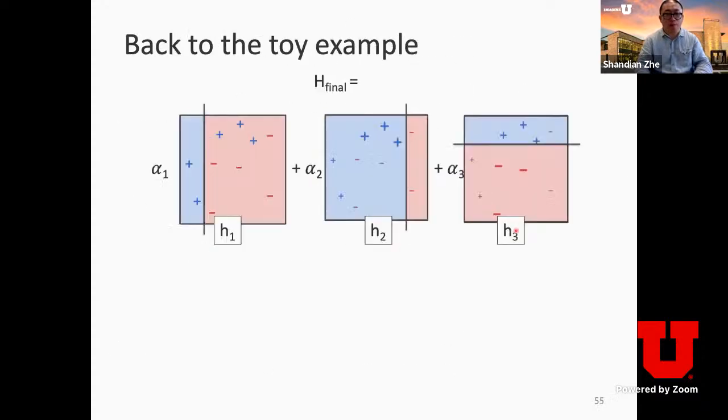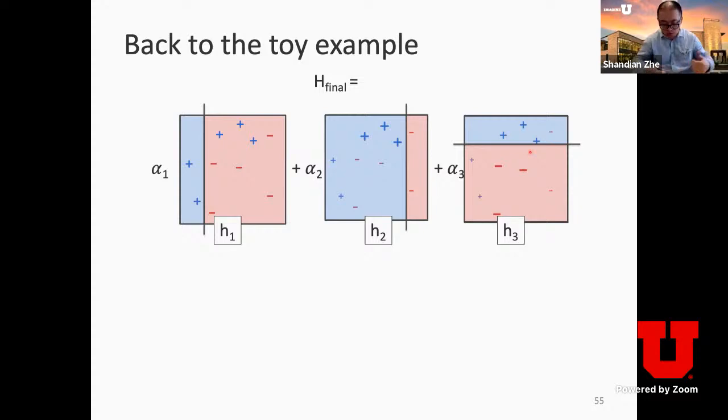Okay, so now let us go back to the toy example we discussed before. We have 3 weak hypotheses, 2 vertical lines and 1 horizontal line, with their votes after 1, after 2, after 3. You can see that all those classifiers are simple; they have a classification boundary parallel to the axis.